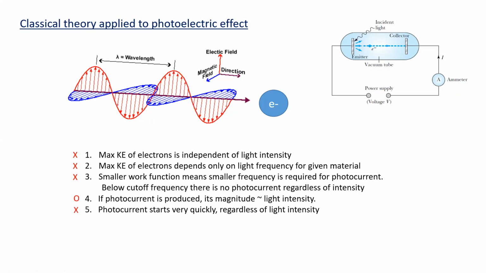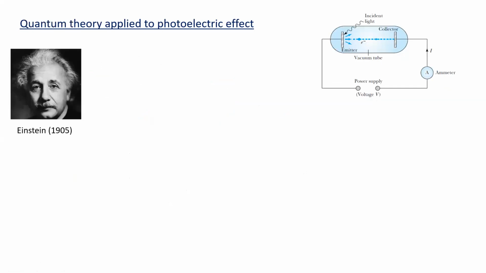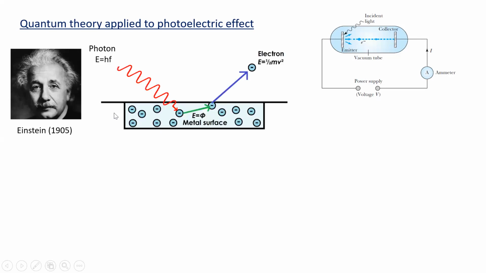What about a quantum theory? It was Albert Einstein, at the same time as he proposed a quantum theory for Planck's black-body radiation formula in 1905, that he proposed an explanation for the photoelectric effect. So it looks something like this.